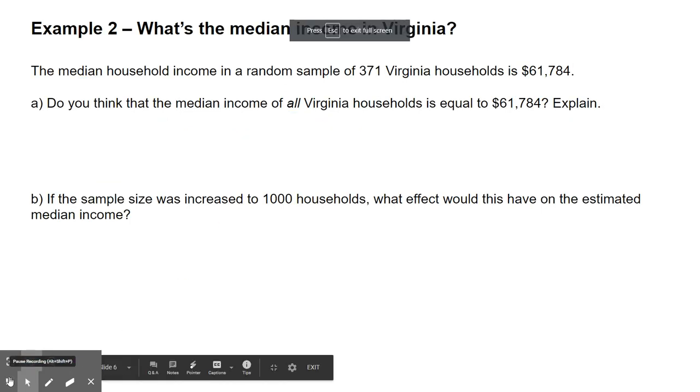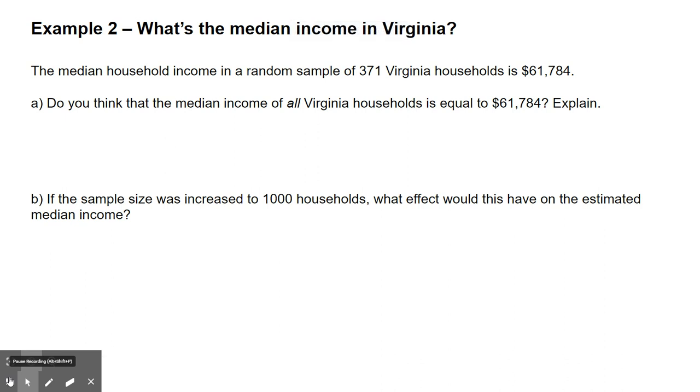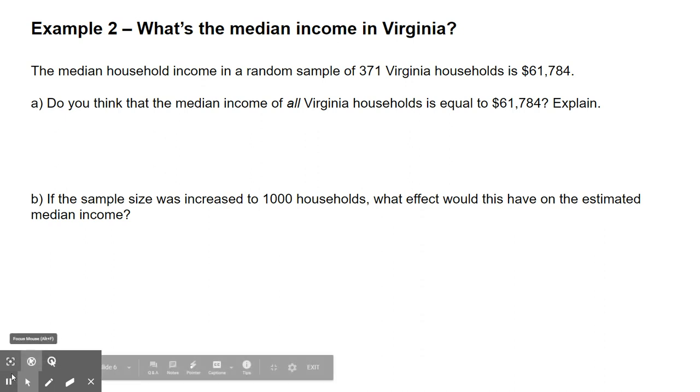Okay, part B says: if the sample size was increased to 1,000 households, what effect would this have on the estimated median income?